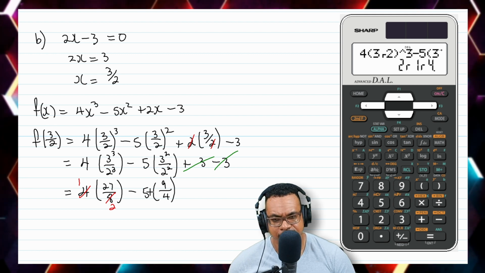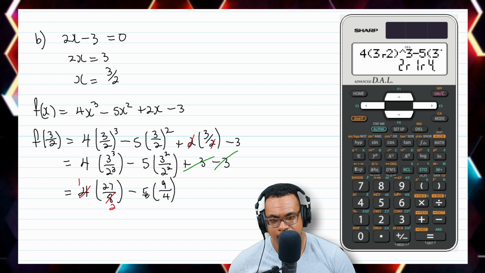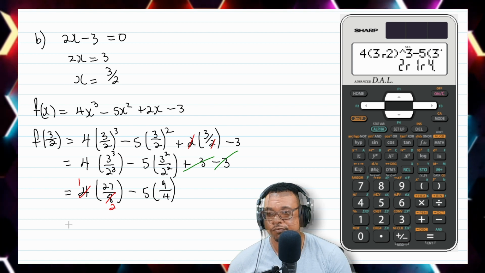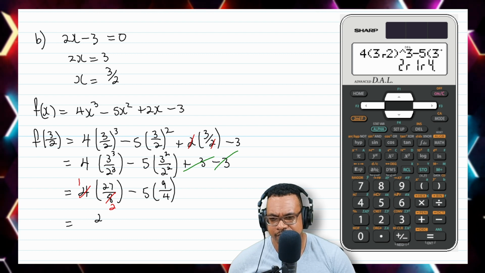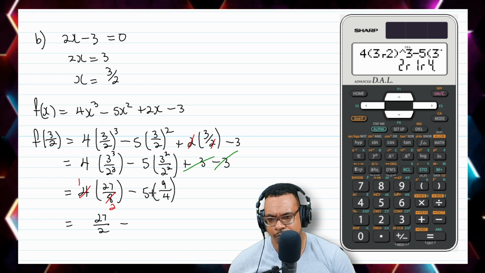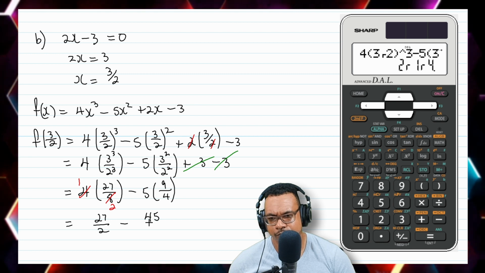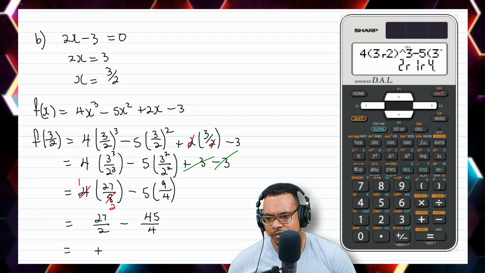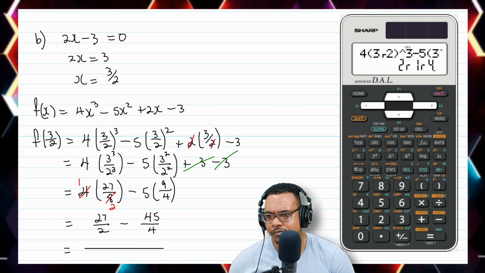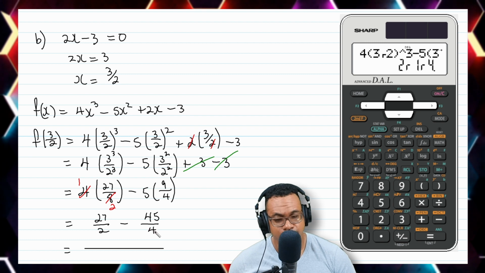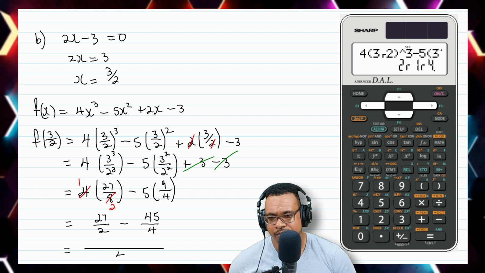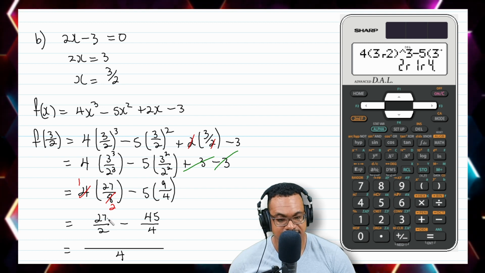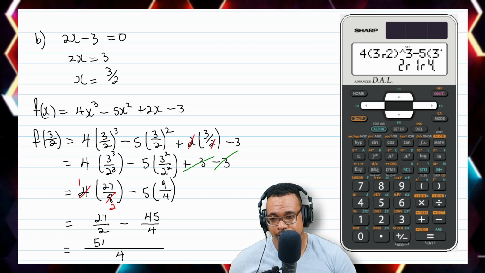Nothing will cancel here because this is 5/1 multiplied by 9/4. So I multiply the 5 by 9 and get 45. So we have 45 over 4. So I'm going to have 27/2 take away 45/4. So this will be equal to, put this line here, our LCM between 2 and 4 is 4. 2 into 4 is 2, and 2 by 27 would give 54.